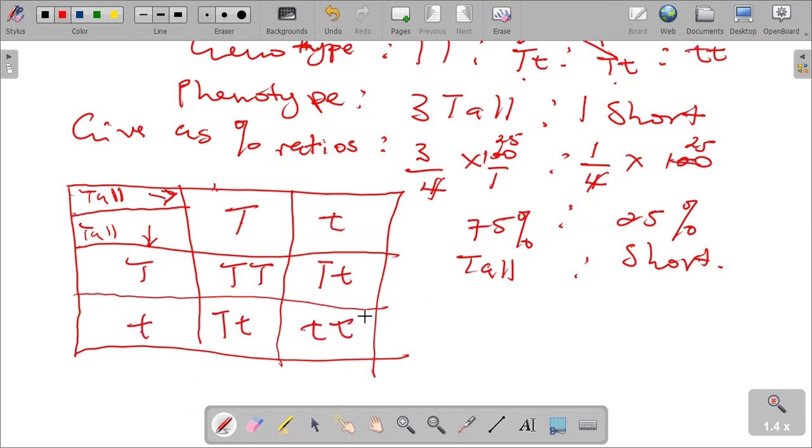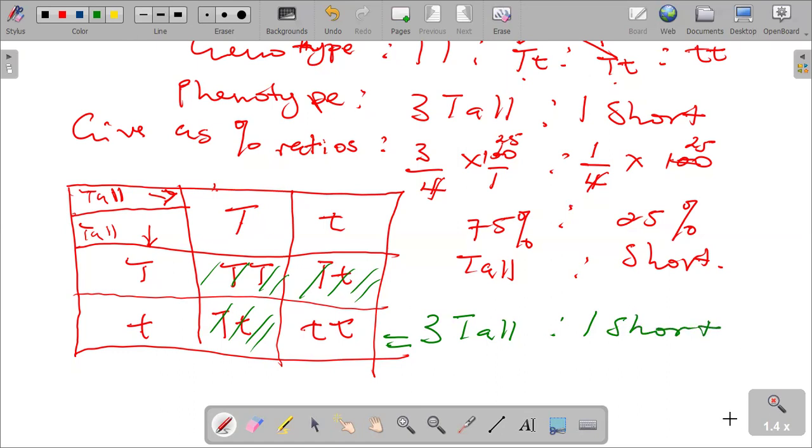This gives us equally the same answer: we have got 3 tall, this is tall, this is tall, this is tall, as to 1 short, which is exactly the same answer that we got there, 75% to 25%.